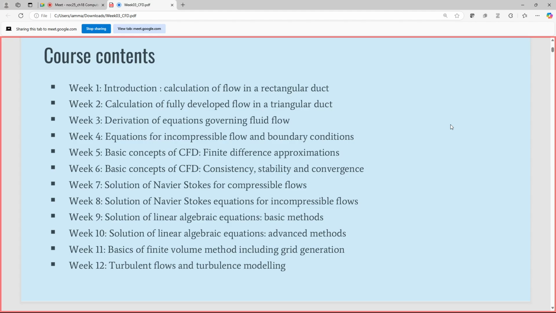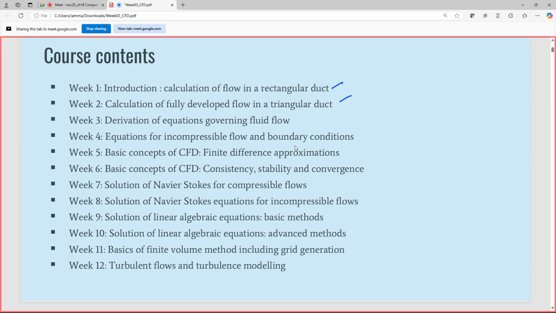So in the first and second weeks, the course content was broadly a overview of the CFD methodology.